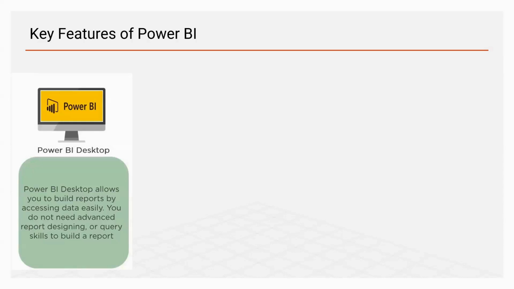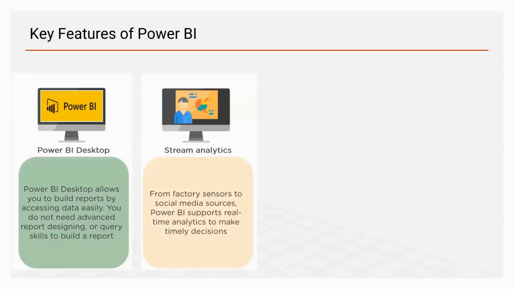You do not need advanced report designing or query skills to build a report. Second, as already discussed, Power BI supports stream analytics from factory sensors to social media sources. Power BI assists in real-time analytics to make timely decisions.